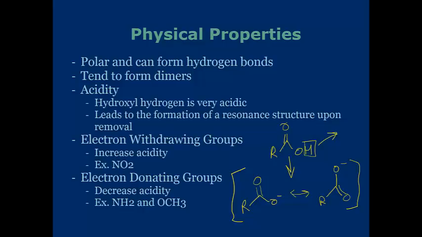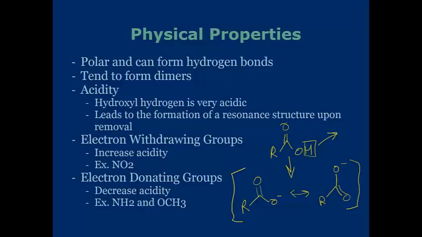Another factor that's going to adjust the acidity are electron donating and electron withdrawing groups. Electron withdrawing groups, as the name would suggest, draw electron density away from the hydroxyl group, increasing the acidity. Note, one group that you're going to commonly see on the MCAT is NO2.